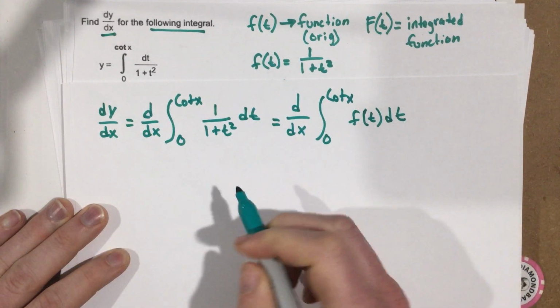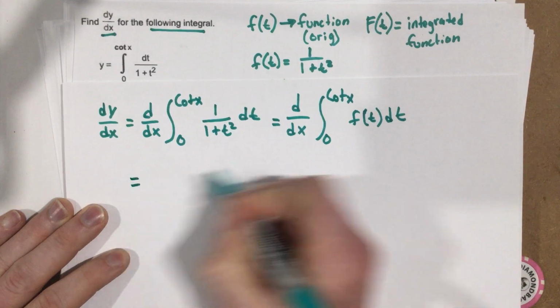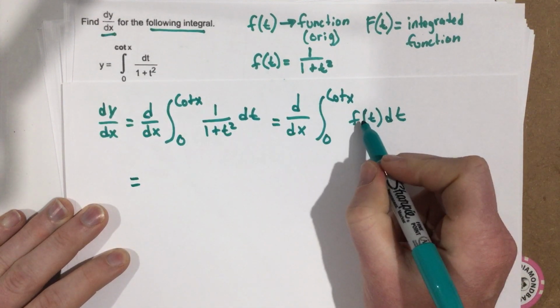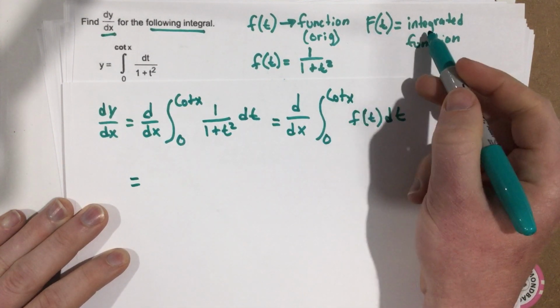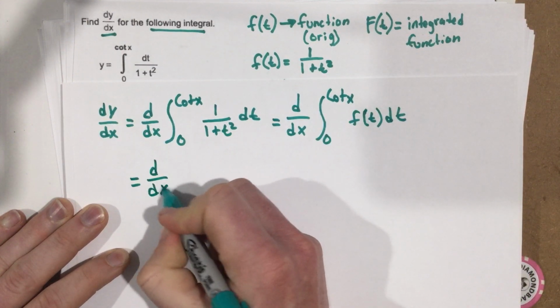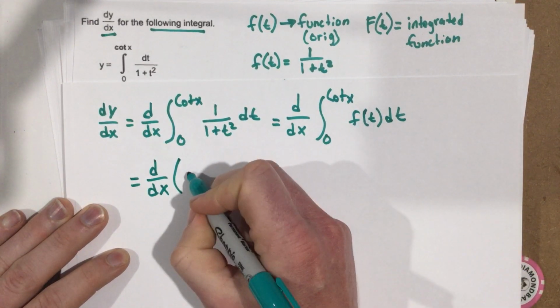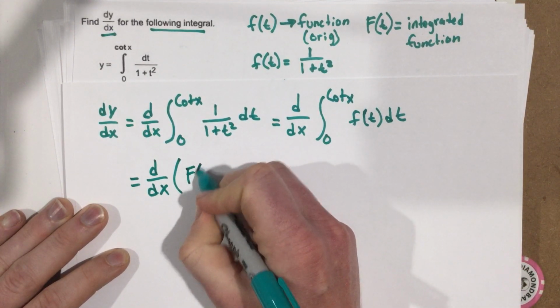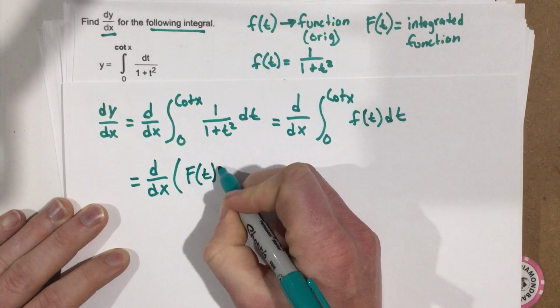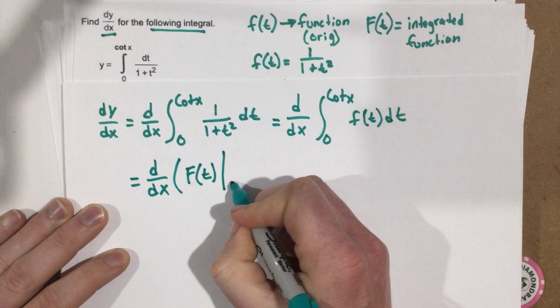Okay, so this is where I start to use this notation here. I'm going to actually do the integration. Well, the integration of f of t is just capital F of t, because that's what I defined that as. So I'm going to say d over dx of, now I've done the integral of f of t, from 0 to cotangent x.